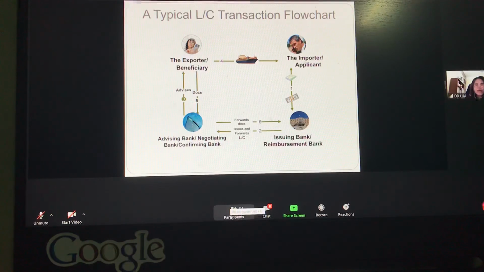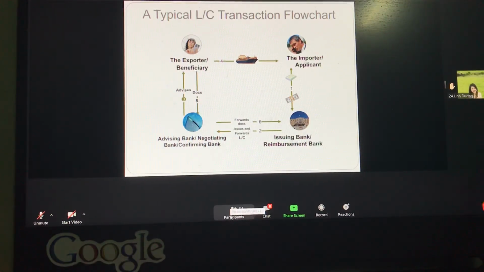Okay, so my next question, I have another question. Who faces the risk if the transaction stops at step number 6? 24, please.